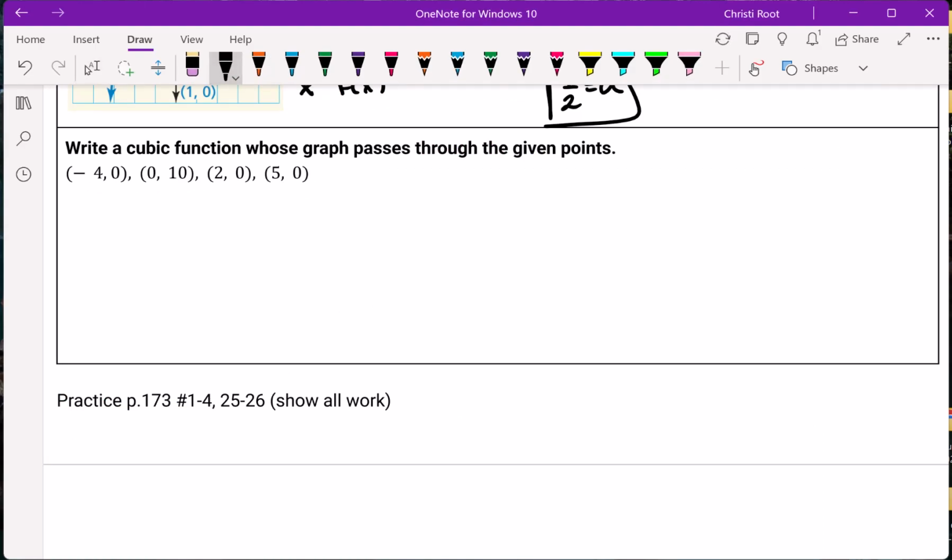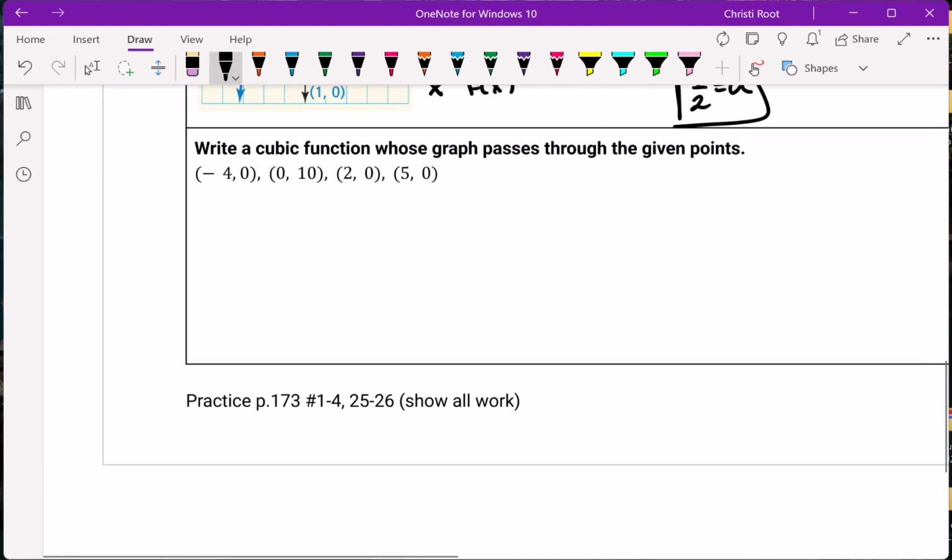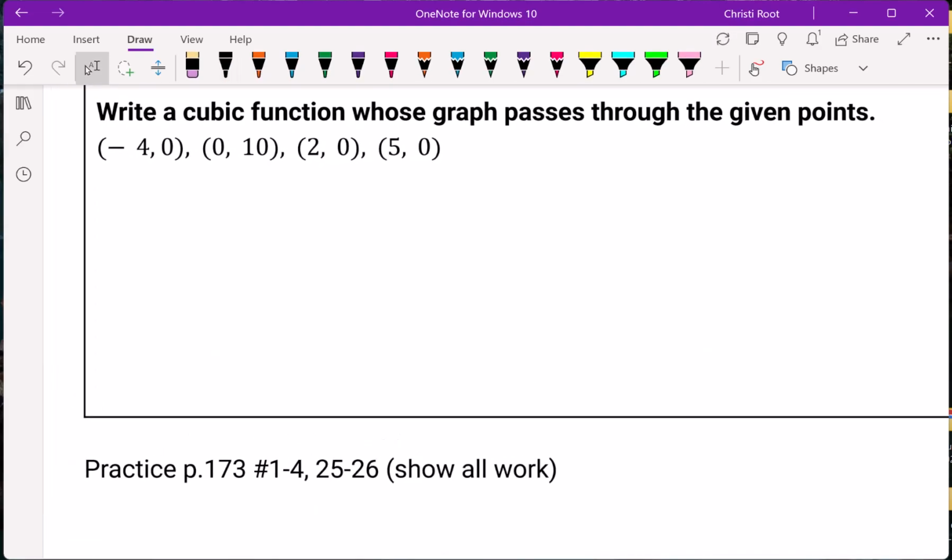All right, so I've got one more example for you. I'm going to try to color code this one a little bit better, just in case you didn't get it in the first one. We don't have a graph. You just have to realize that you've got 3 that are zeros and 1 that's a y-intercept. This one I know is going to be the y-intercept because x is 0 and y would be 10.